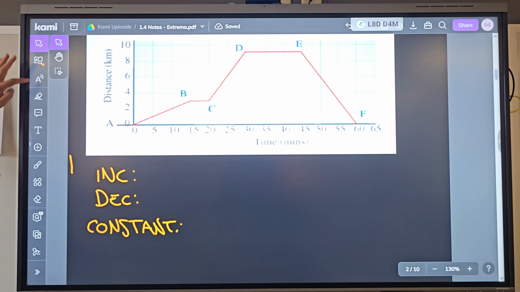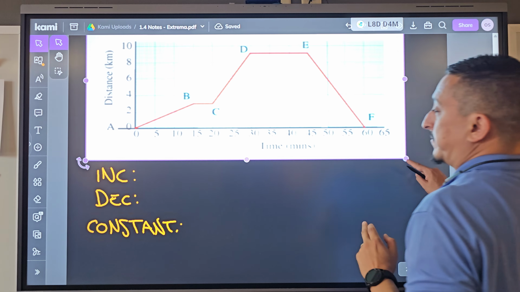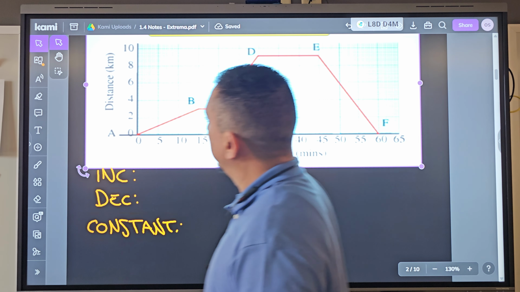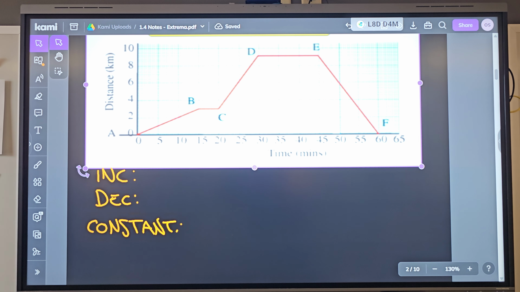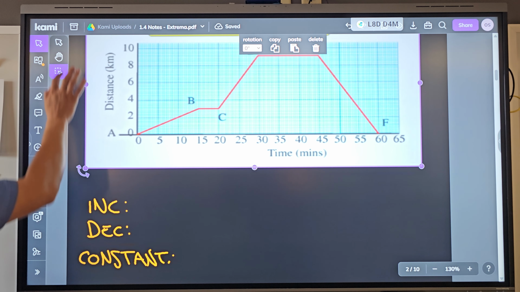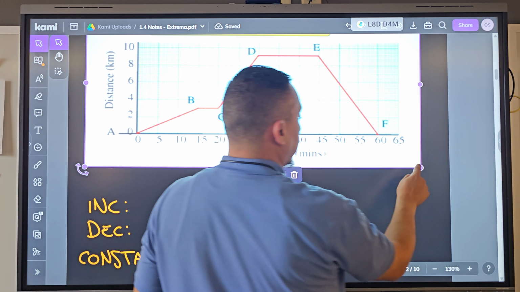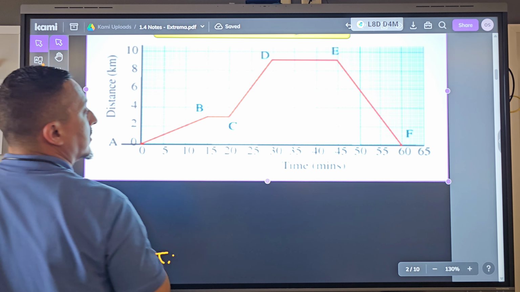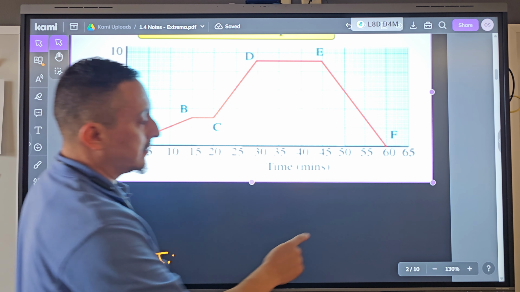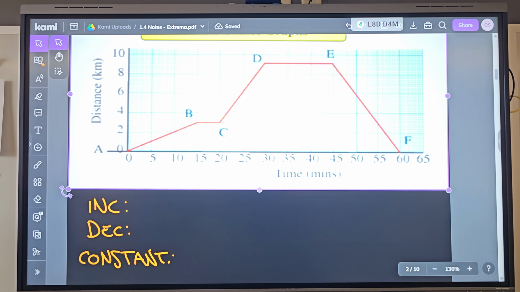I'll see if I can make it slightly bigger. It's as big as I can make it.